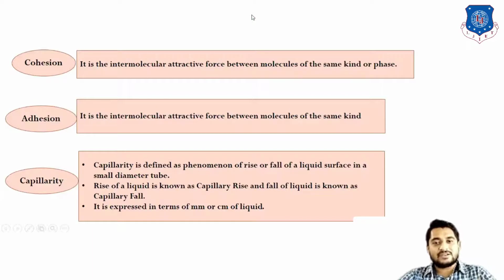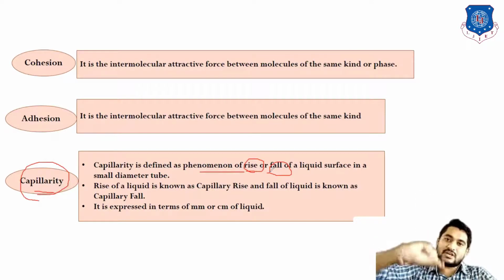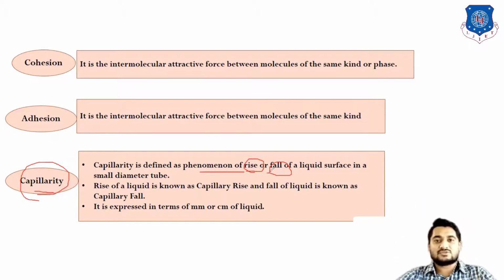Now, capillary. You have already studied the capillary effect in material science in semester 3, in NDT tests, surface penetrant tests. But what do you mean by capillary? Capillary is defined as the phenomenon of rise or fall of a liquid in a small diameter tube. For example, in a thermometer, mercury and a small diameter tube are there, so mercury rises and falls in the thermometer very easily.